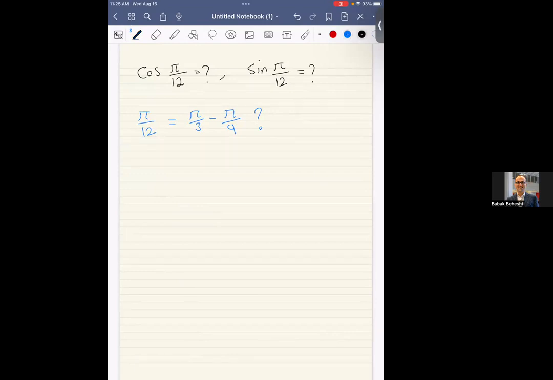So that means cosine of pi over 12 is cosine of pi over 3 minus pi over 4. Now you have the formula for cosine of a minus b. So cosine of pi over 3 minus pi over 4 is just cosine of pi over 3 times cosine of pi over 4 plus sine of pi over 3 times sine of pi over 4.